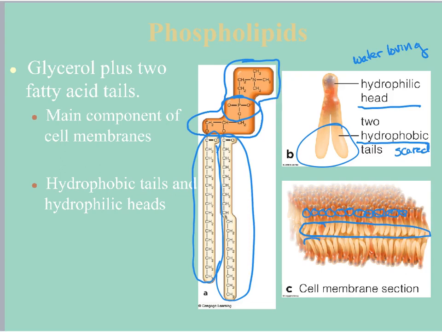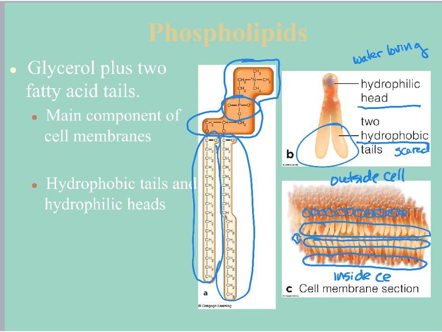So here you have the fatty acid tails right here, the hydrophobic tails. So those hydrophobic tails really like to be right next to one another. And then these hydrophilic heads like to be right next to one another, but on the other side. So if this were a cell membrane, this would be outside the cell, and this would be inside the cell.